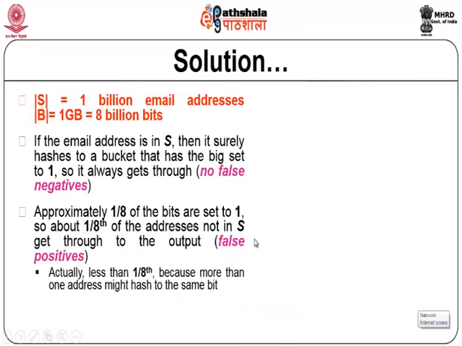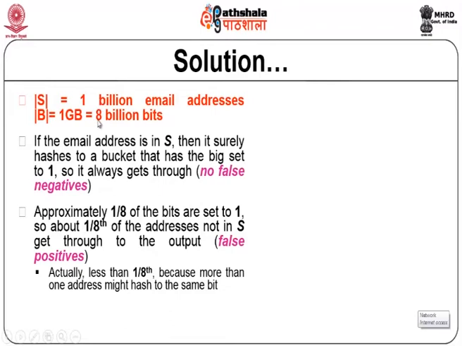Another solution for this is, consider you are working with respect to email addresses. Assume you are having 1 billion email addresses. Suppose you are going to hold all these 1 billion email addresses, then you may require 1 GB of space for your bit array or binary array, with an assumption that every email address is associated with, say for example, 8 bits.